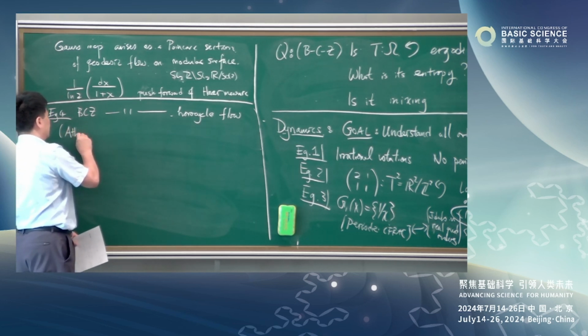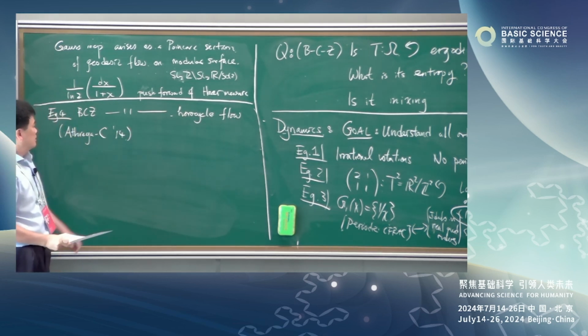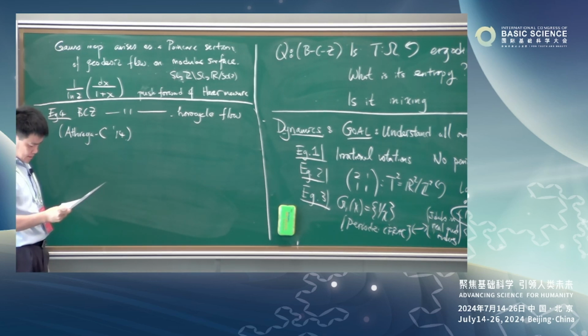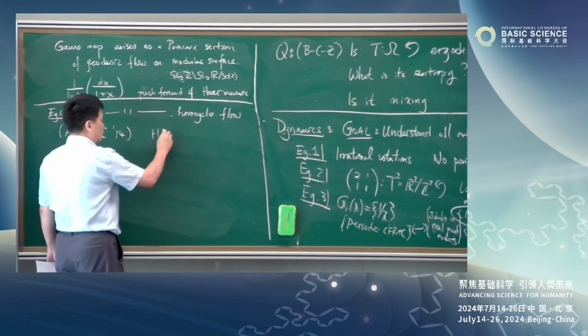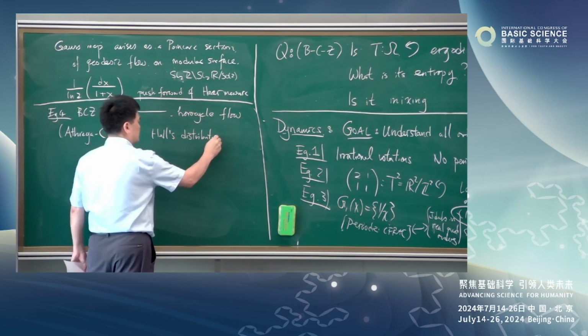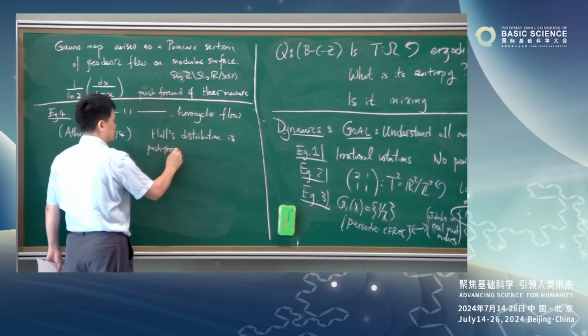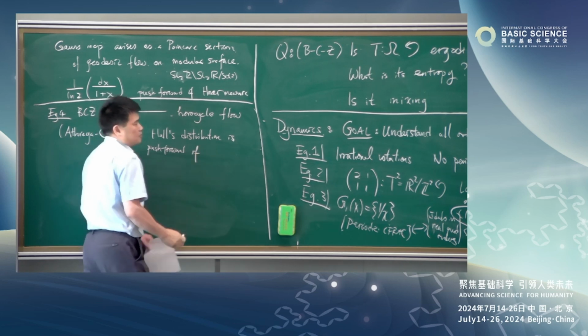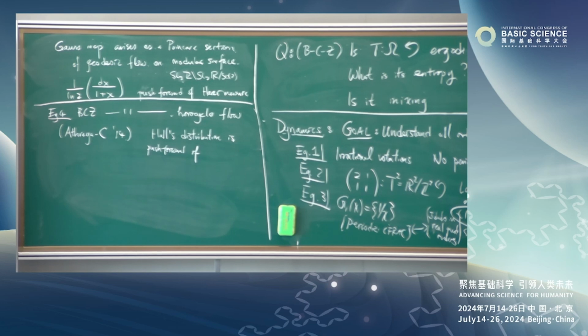And with Athreya and myself, we discovered that the BCZ map is a Poincare section of the horocycle flow, and in particular, Hall's distribution is the push forward. So the Lebesgue measure on this triangle is induced by Haar measure.